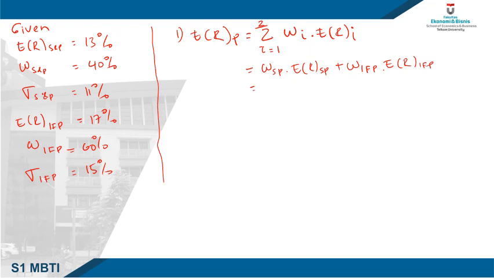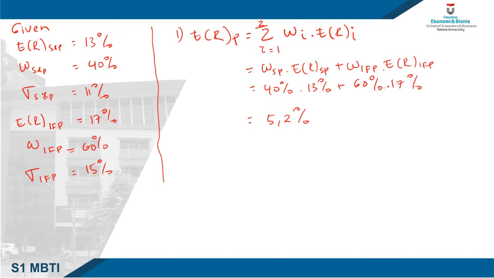Now this is 40% and 13%, and this is 60% times how much? 17%, correct? So that will be 5.2%. Yes, 40 times 13 is 520 divided by 100.